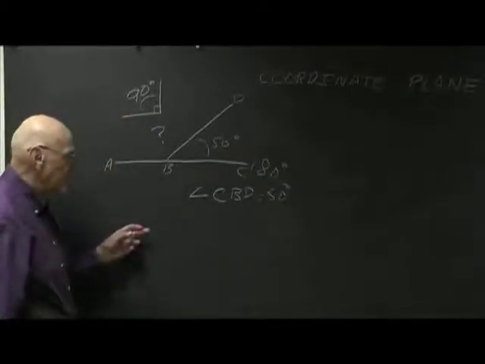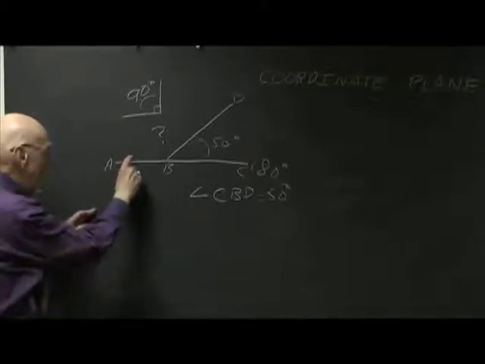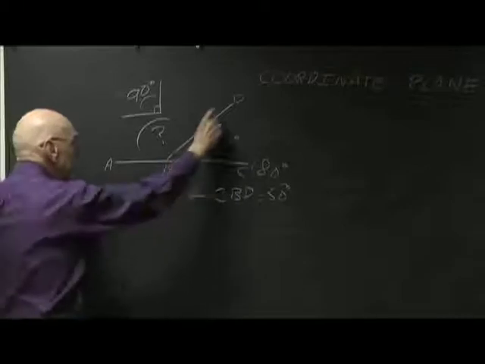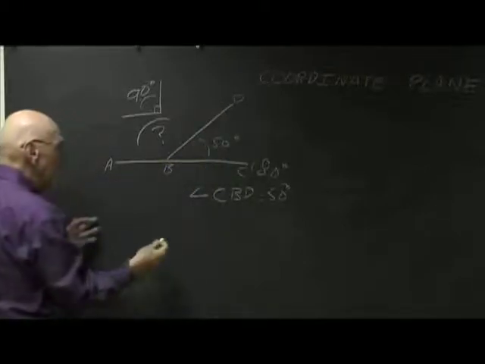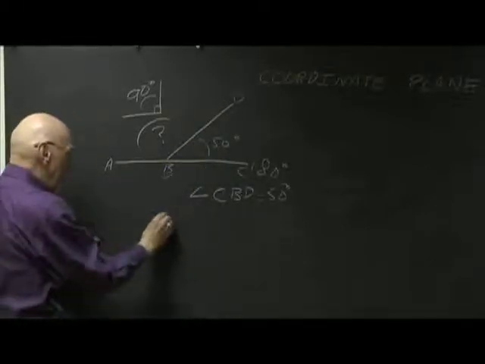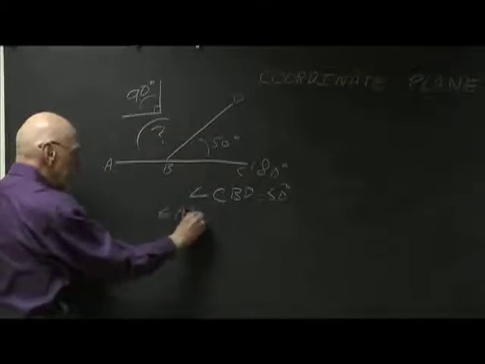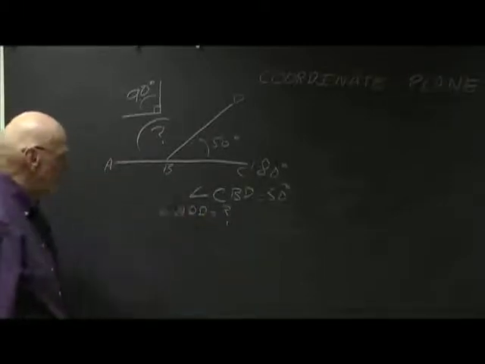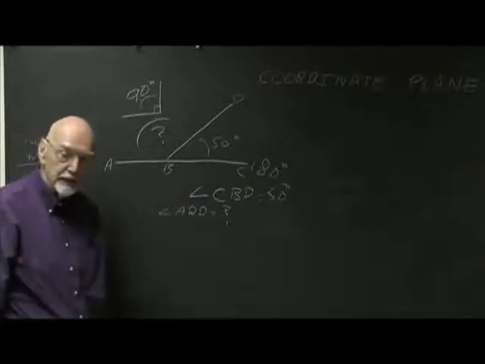Now they're going to ask you a question. This angle, the big angle, ABD equals what? Angle ABD equals what? And you have everything you need to know to work it.